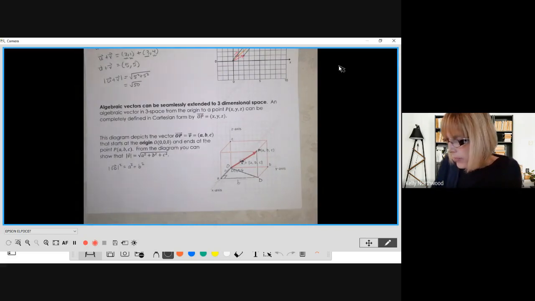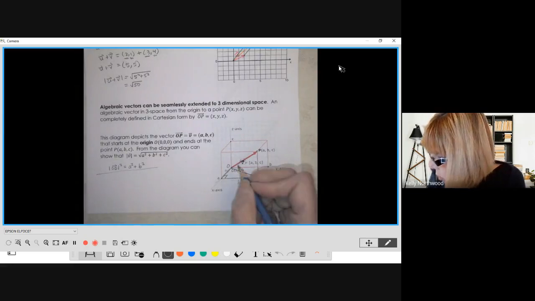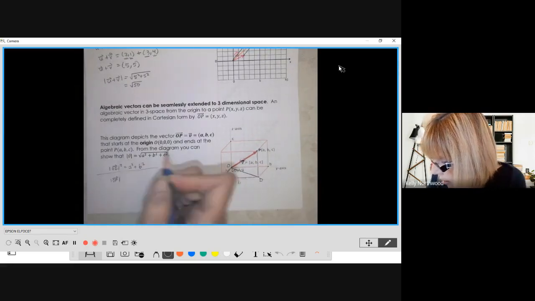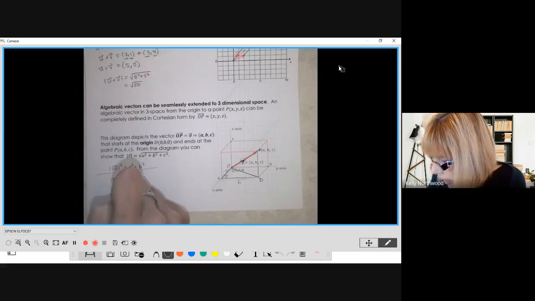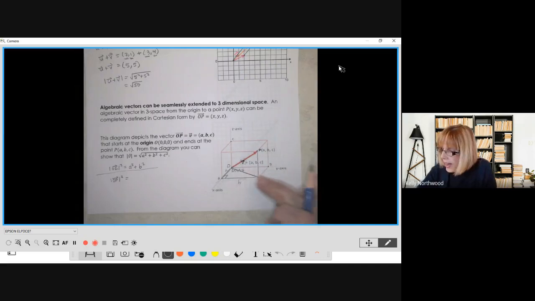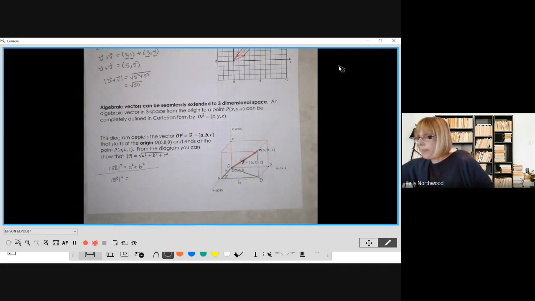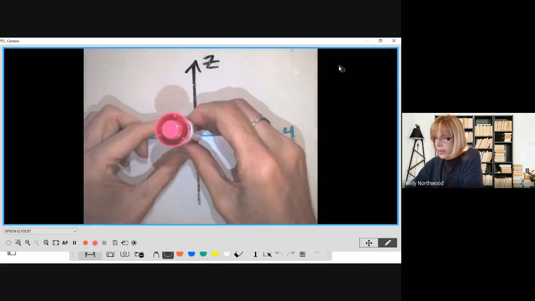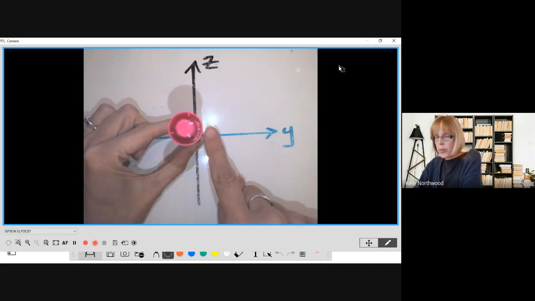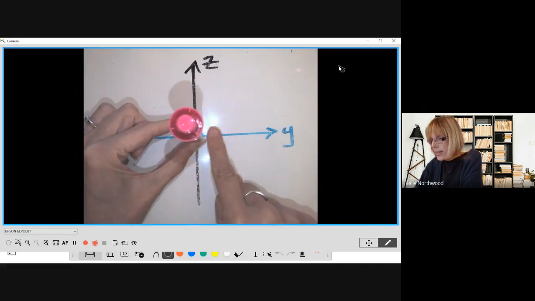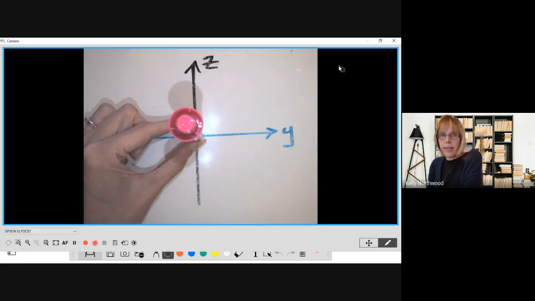Keep that in mind. So now I want the magnitude of vector OP. Again, I can use the Pythagorean theorem here because this is flat and then this is straight up and down. There's going to be a 90-degree angle between this pink pen here and the white z-y axis I have there.